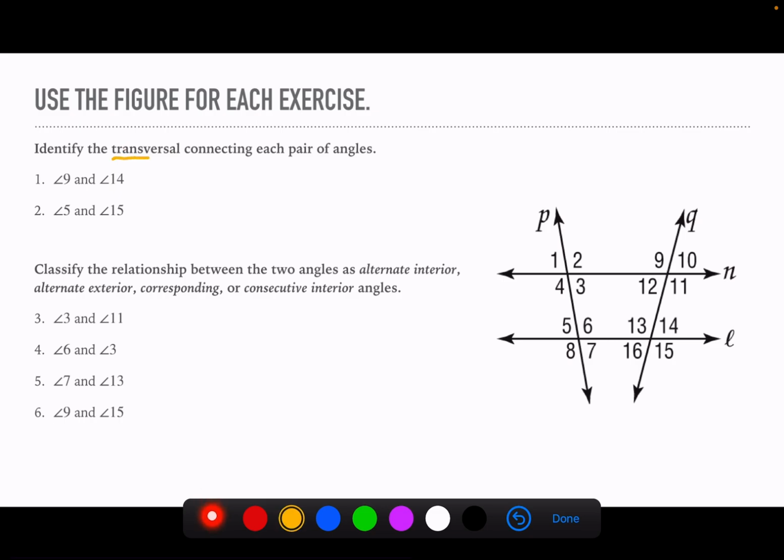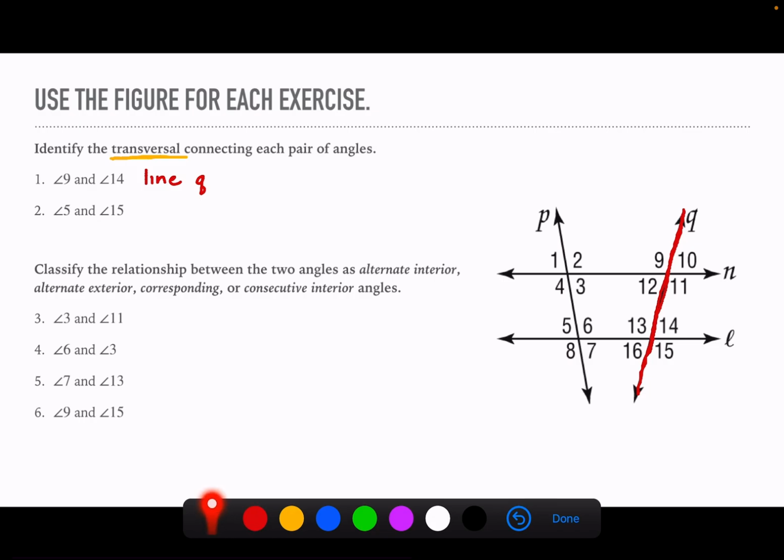If we have 9 and 14, our transversal for this one is the line that comes down and connects both of these intersections. And so in this case, we would just say our transversal is line Q.